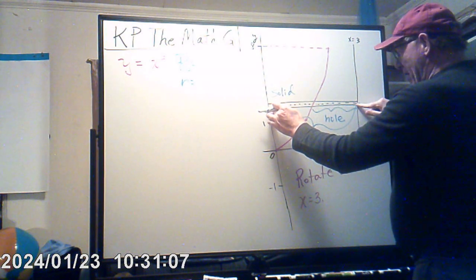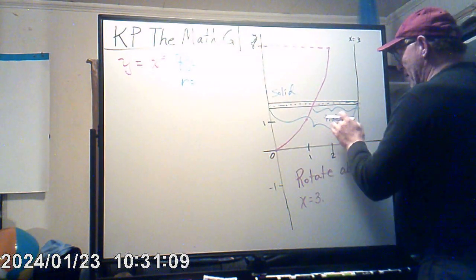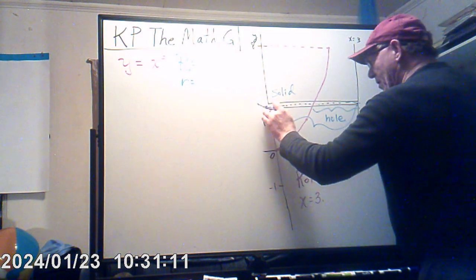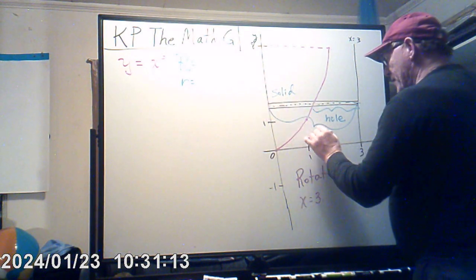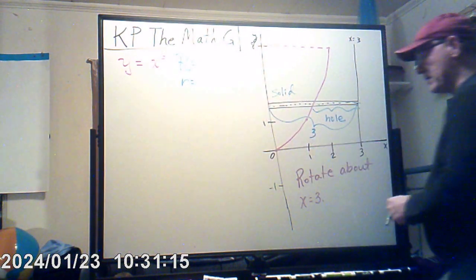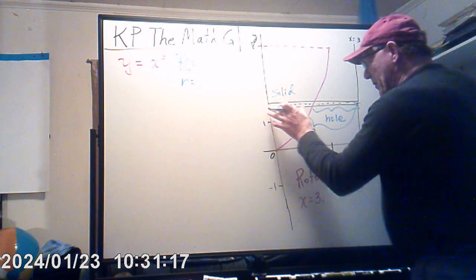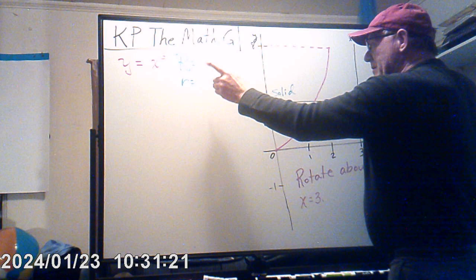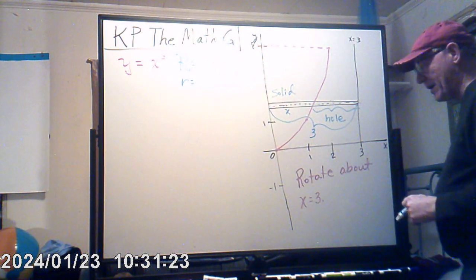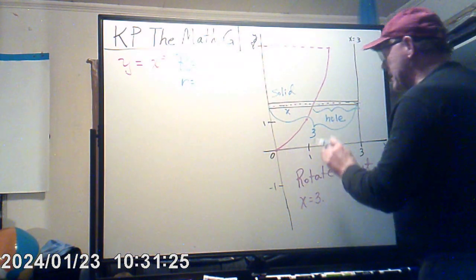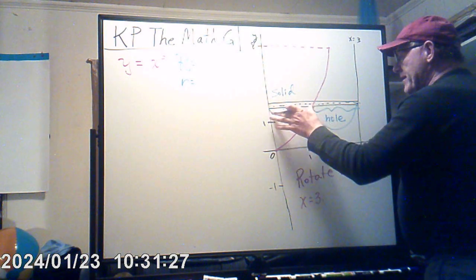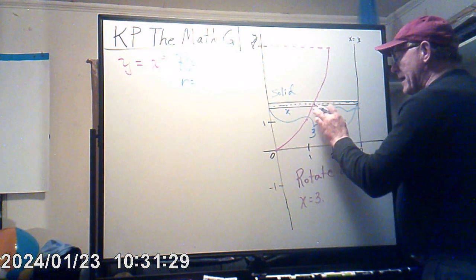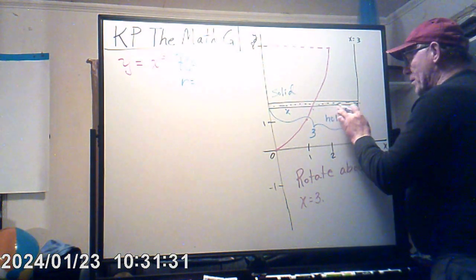That's your big R. So how much is this? This whole length is 3. The solid part is x, which I know we gotta solve for x. This part from here to here is x. So what does that leave the hole?